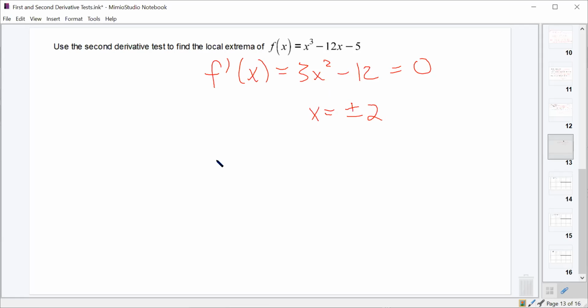So we could make a sign chart, but we're going to use the second derivative test. The second derivative is 6x. So tell me what 6x is evaluated at x equals 2.